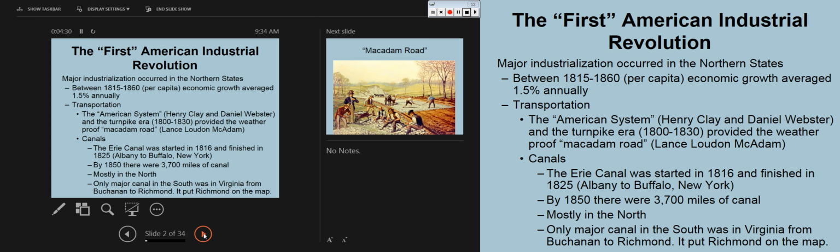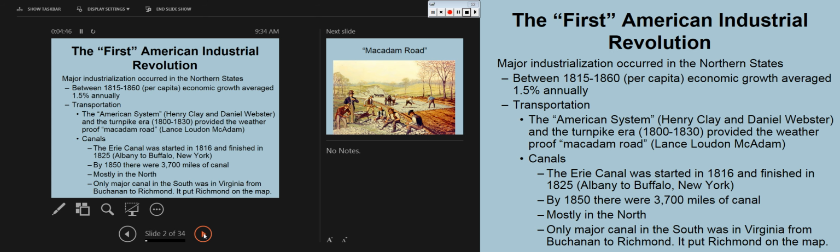Richmond grows thanks to iron, tobacco, and the slave trade. Danville grows due to tobacco and textiles, and Birmingham grows due to iron.